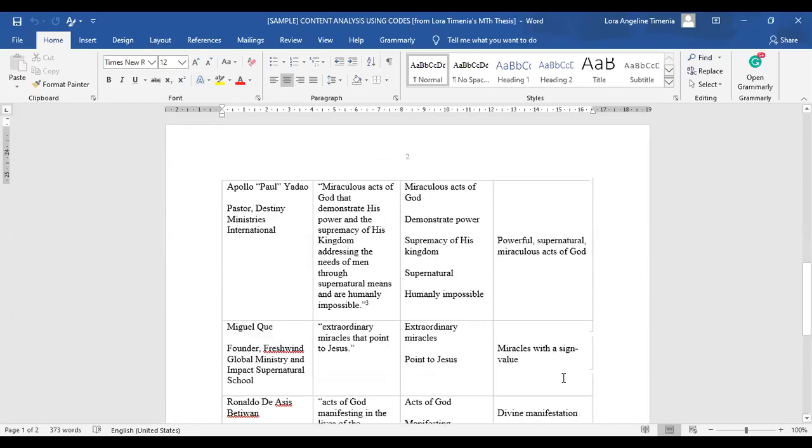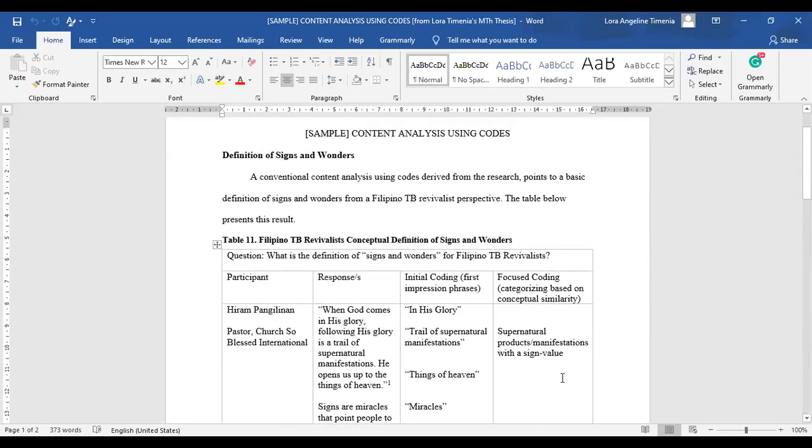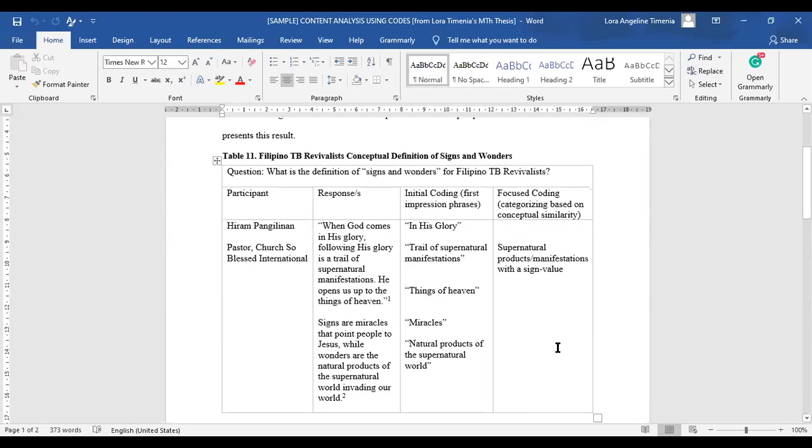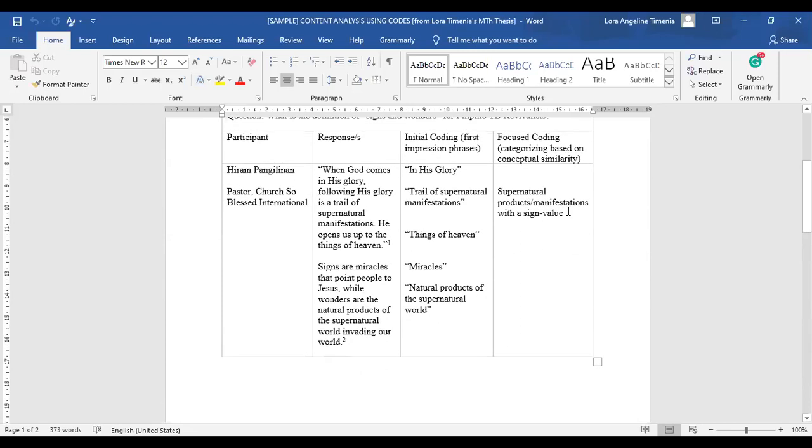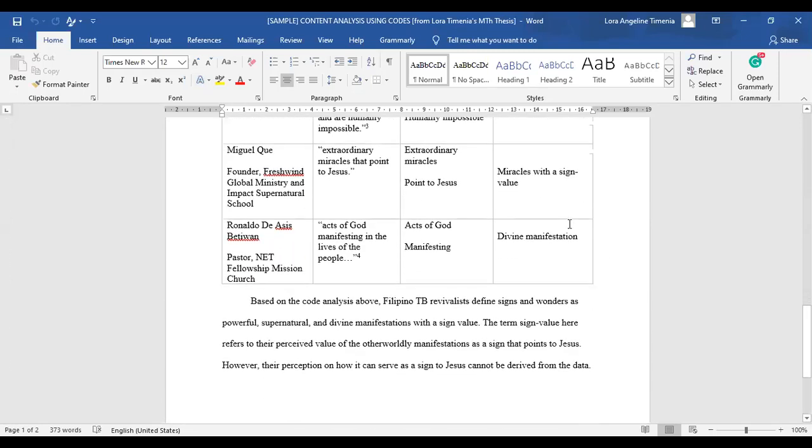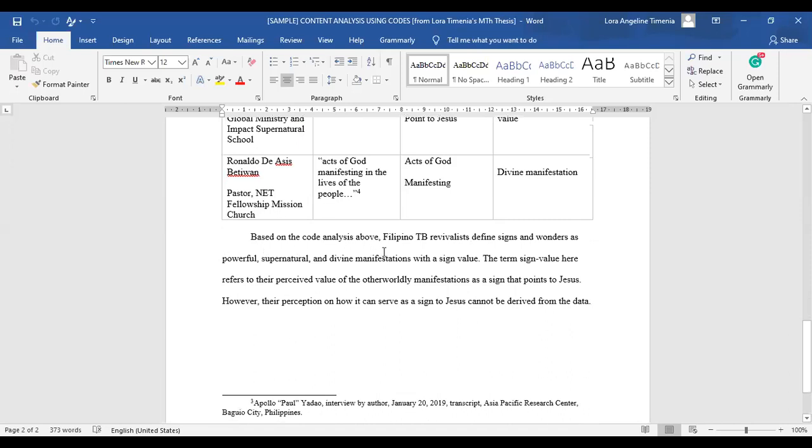Now, my main question is: what is the definition of signs and wonders for them? My answer to that question will come from the focus coding column. Try to synthesize their answers based on conceptual similarities, and you will be able to come up with their definition of signs and wonders from the perspective of Filipino Toronto Blessing Revivalists. So that's how you do an analysis through codes.